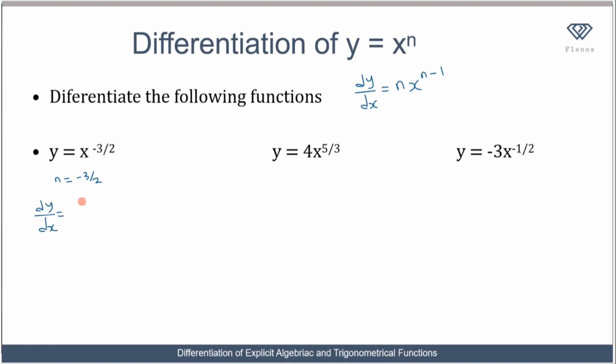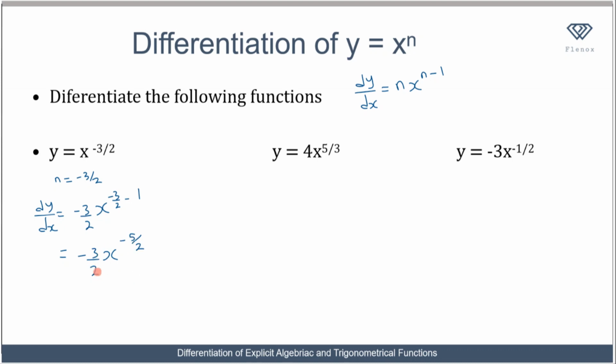I write out my n first, which is minus 3 over 2, then times x raised to the power minus 3 over 2, then I subtract 1 from it based on that formula. So that becomes minus 3 over 2x, and when I subtract these together, it results in minus 5 over 2.